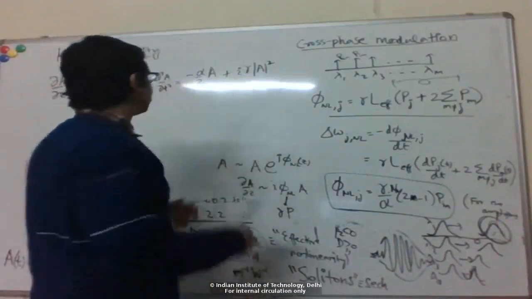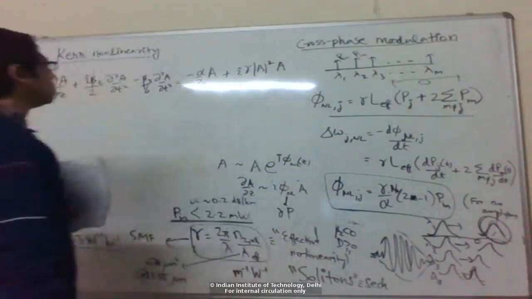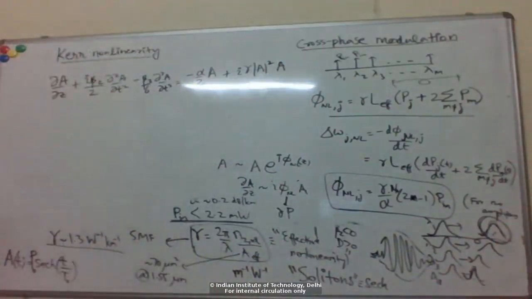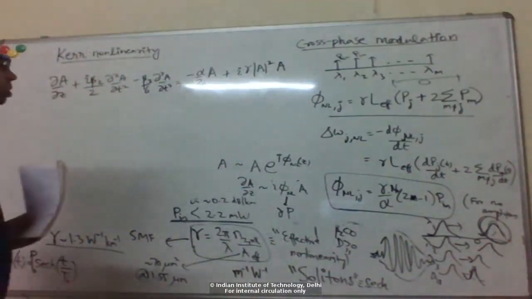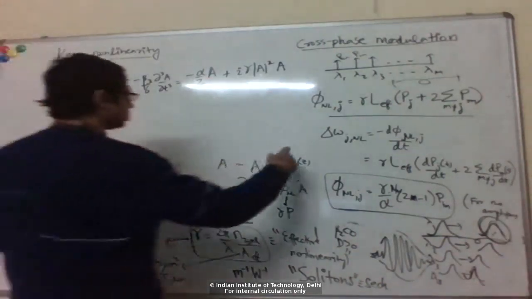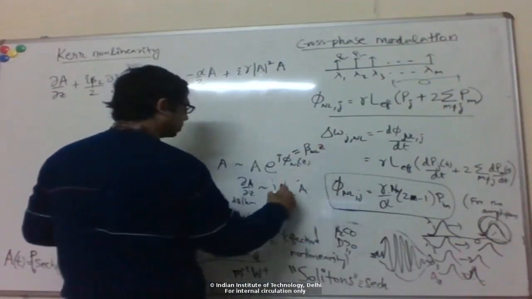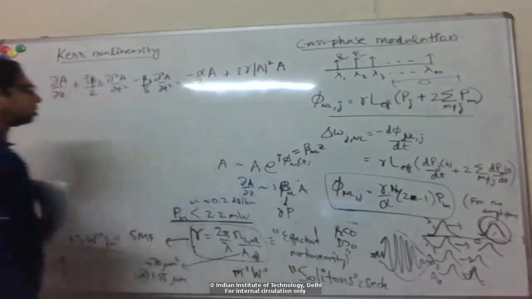Then I can just write this as mod A square times A. So this was basically beta nonlinear times z, where beta nonlinear is gamma.